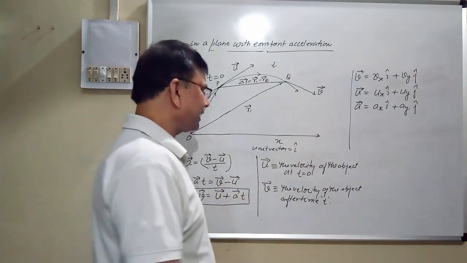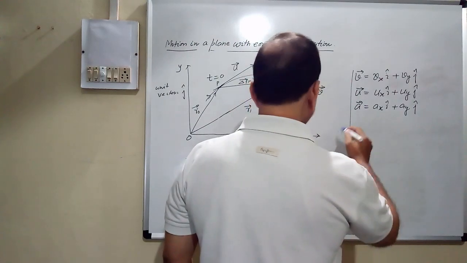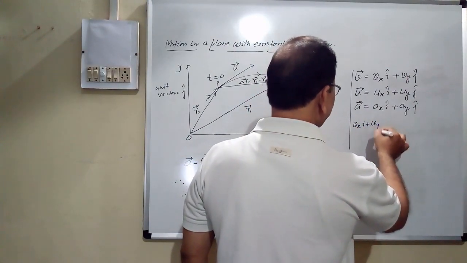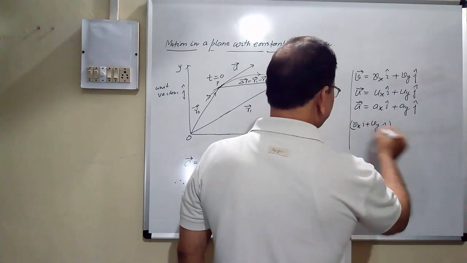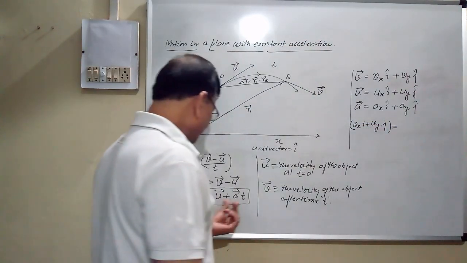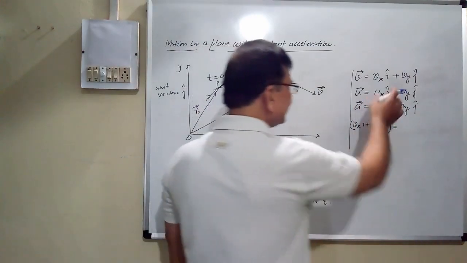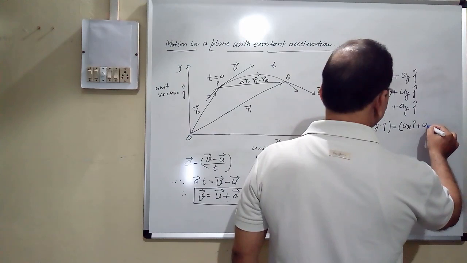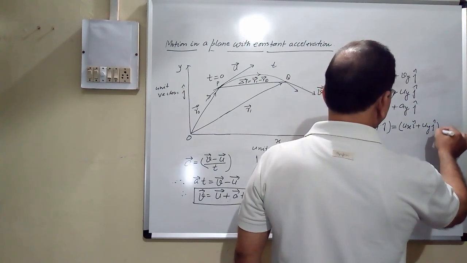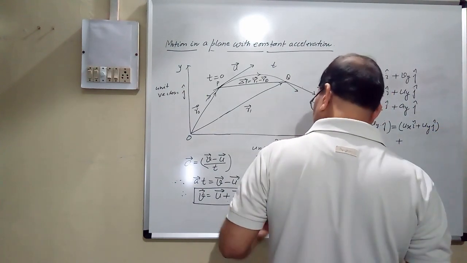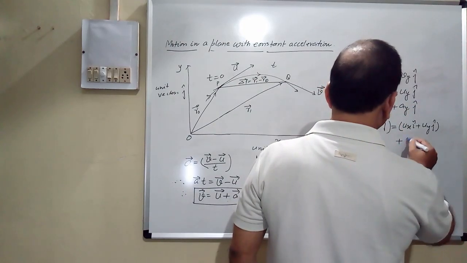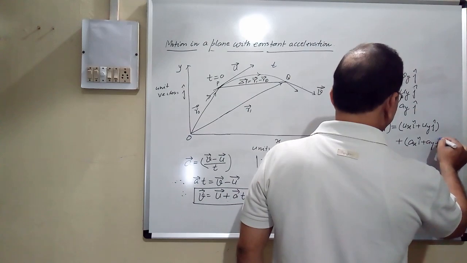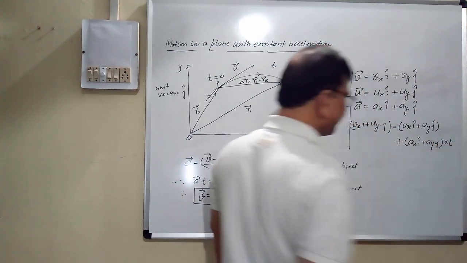So the same relation can be written this way. vx i plus vy j is equal to u plus at. u is this, that is ux i plus uy j, plus acceleration, that is ax i plus ay j, into t.